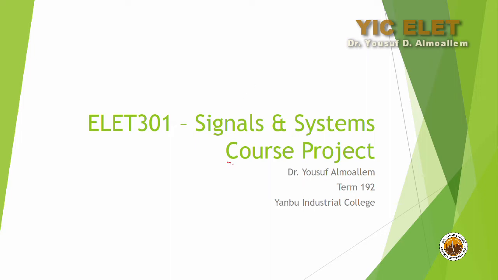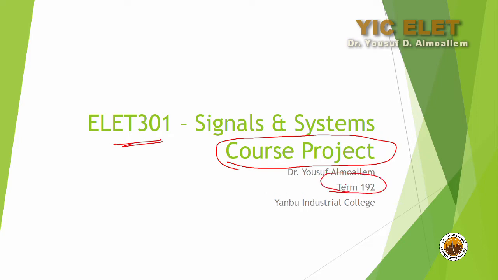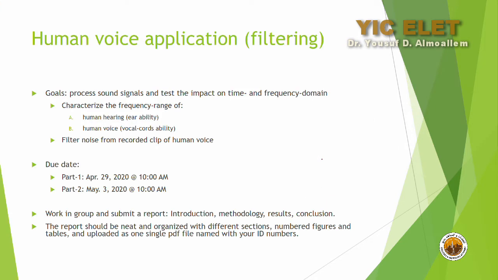So this is again the course project for the course ELIT 301 in Signal and System, and this is term 192. As said before, the main goal of this project is a human voice application, so it is filtering.